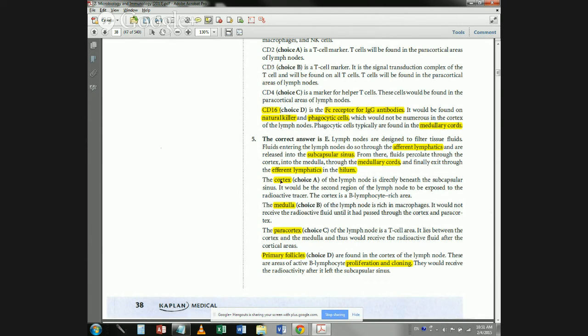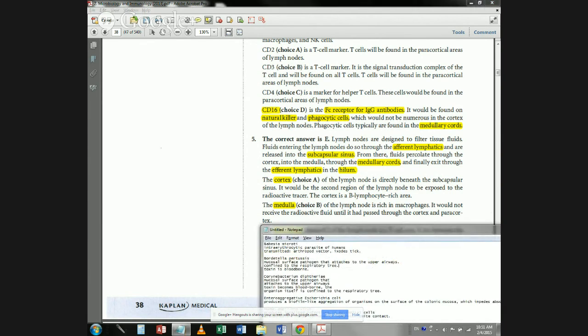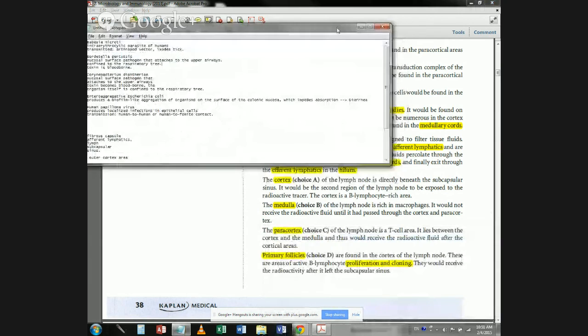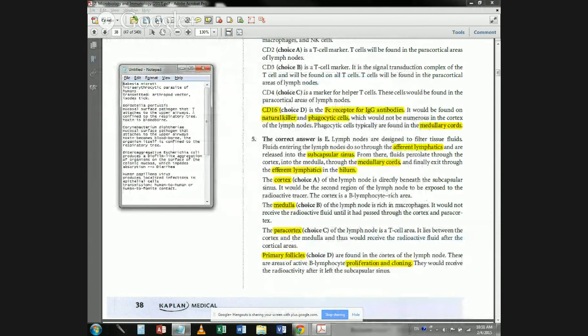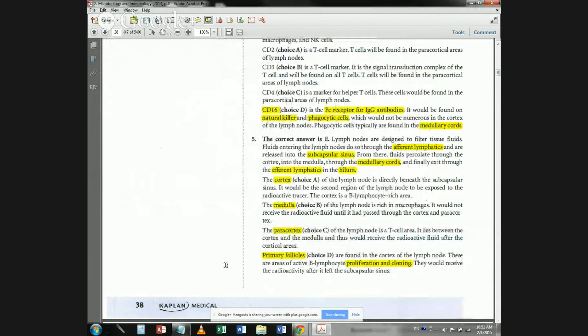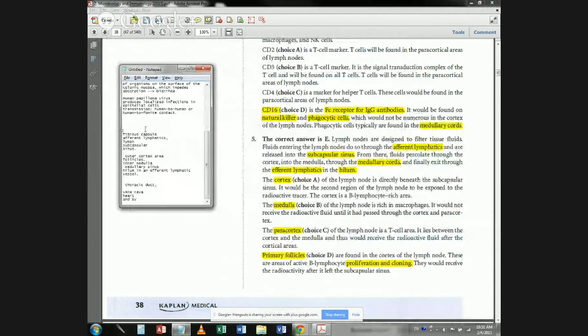So subcapsular sinus, I have to write this down again. So here's what's going on. Ooh, lost. Here we go. So you have lymph. It goes from afferent lymphatics. They enter the subcapsular sinus.